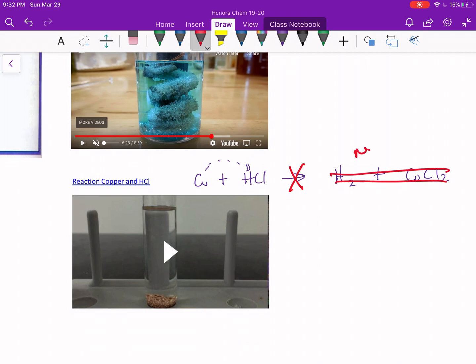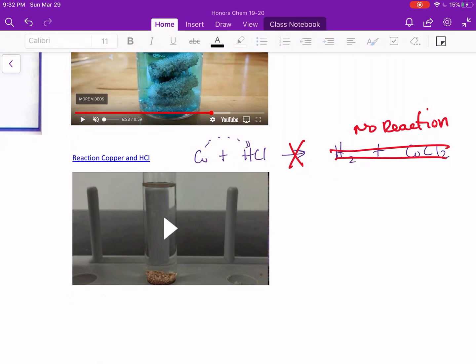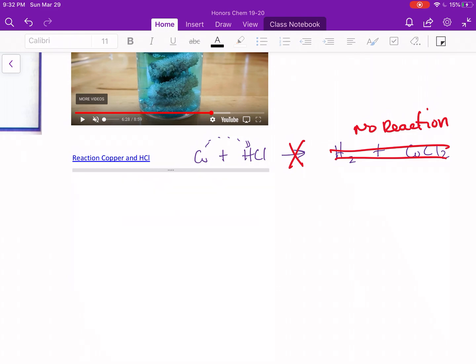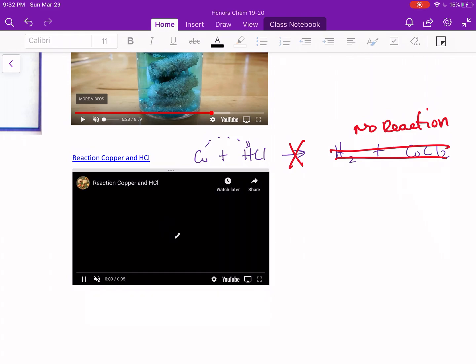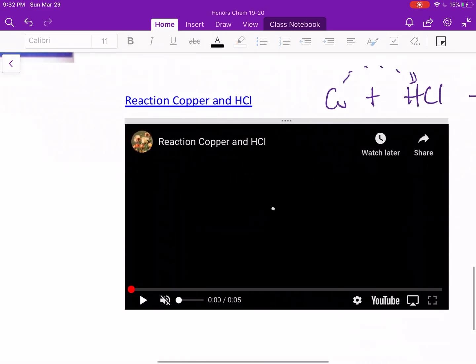We should see no reaction, right? And so here we have that example, just quick. That is HCl, and we put some copper in the HCl. All right, we're not going to wait for that. Basically what you would see is it would just sit there with the copper because there would be no reaction.